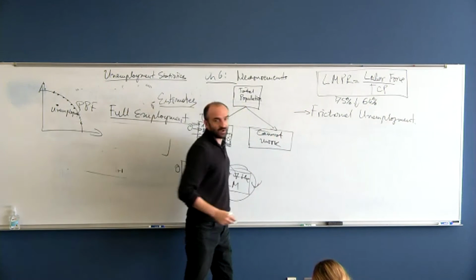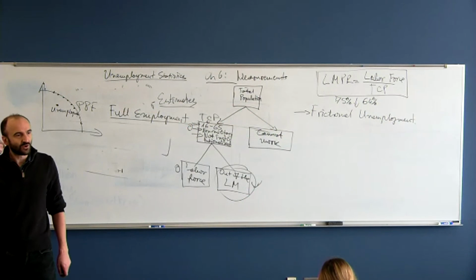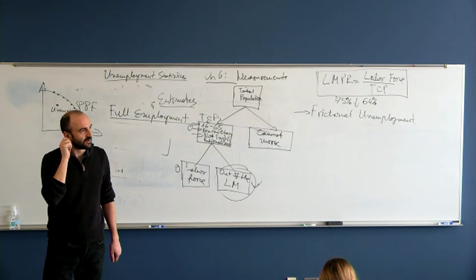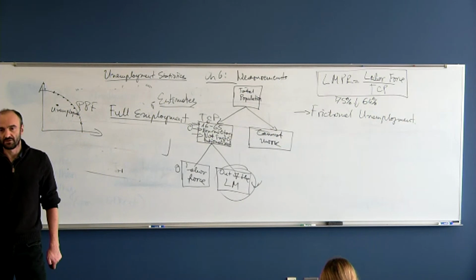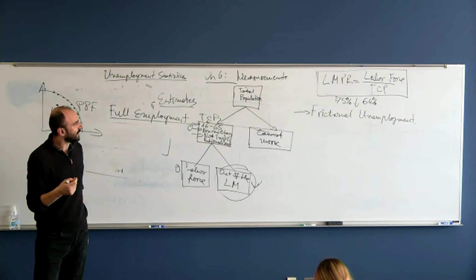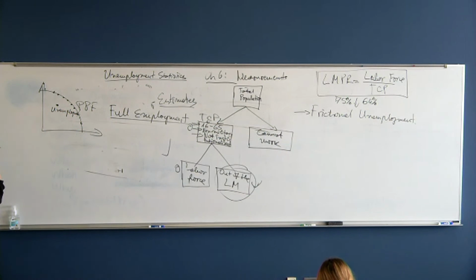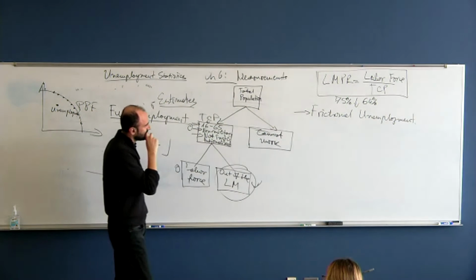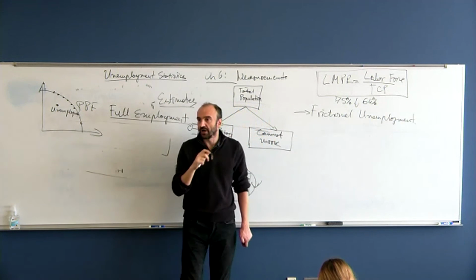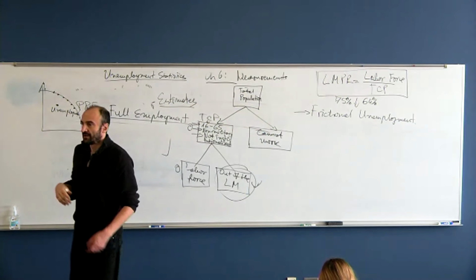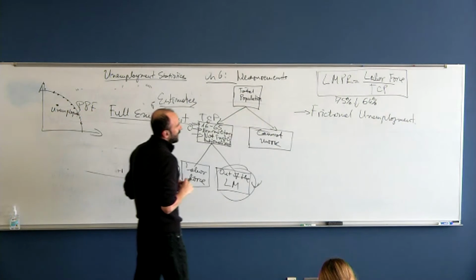So you lose your job actually, or you quit. You're not going to always find a job the very next day. There are costs of information about the better job that you want to find. So that's the reason why, even in the best of economic times, there will be some unemployment rate.